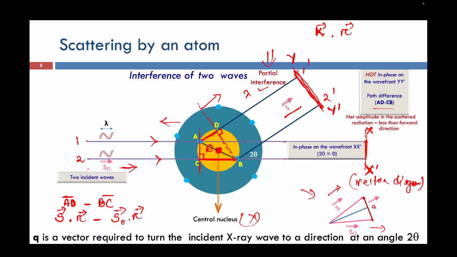I have told that k is the unit vector, but if we want to define a complete vector, this is small k and this is capital K. A vector is completely characterized by a unit vector and a magnitude, and my magnitude is 1 by lambda.